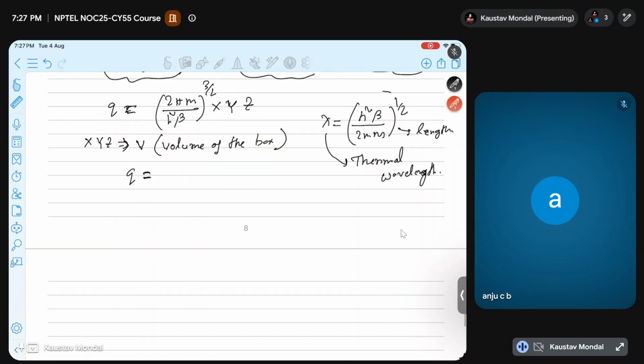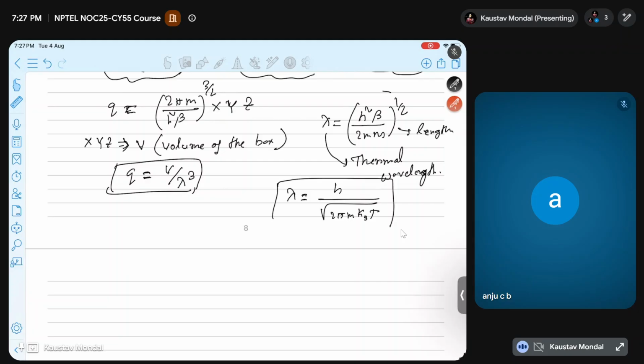So if you write it in terms of lambda and V, the partition function q becomes V by lambda cubed. But lambda you can rewrite like this also: h by square root of 2 pi m kB T. This is also a valid expression of lambda.